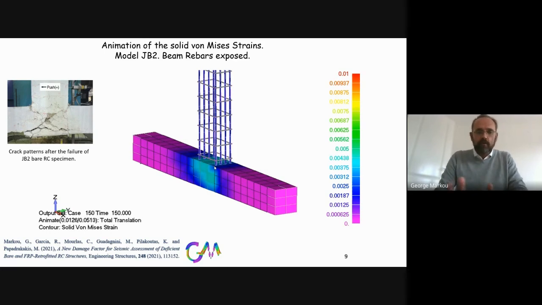So this was a numerical methodology that was developed in order to take into consideration in a direct manner the state of the concrete material, and calculate in this way the actual effect on the contribution of the embedded rebar to the concrete.